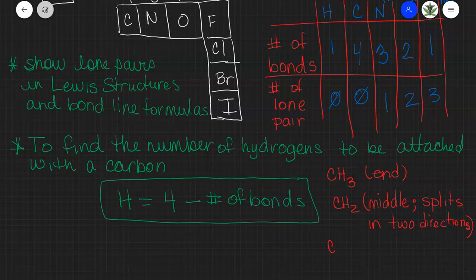And then lastly, if we had a CH, it also splits, but instead of 2 directions, it splits in 3 directions.